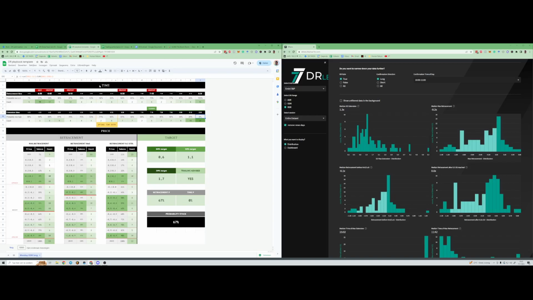So above here you'll see time. And under time, you have the retracement time and the extension time, which is vertically or horizontally aligned here. Then for each time stamp, so for example, 4:15 is when it's exactly 4:15, then there are 9 counts that have already taken place.